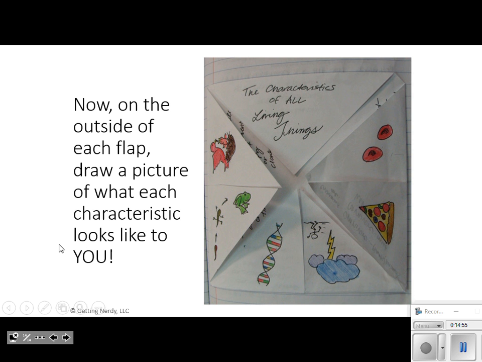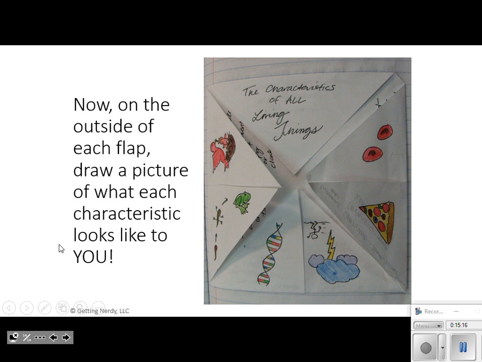And what's the last one? What's the final one? What one are we missing? Yeah, Ethan? It responds to changes in the environment. It responds to stimuli, living things do.